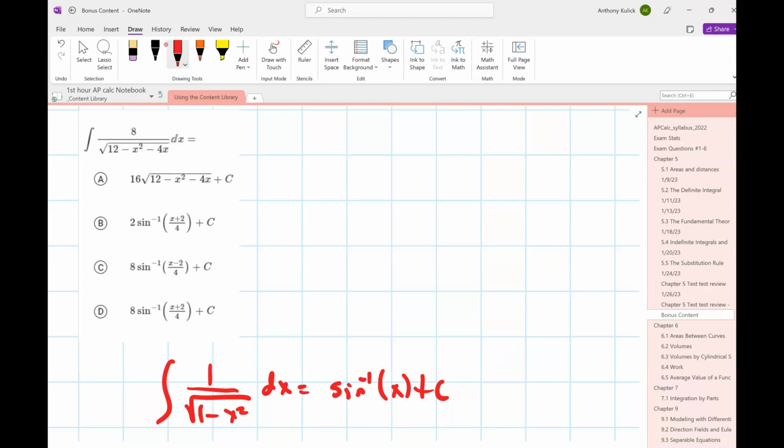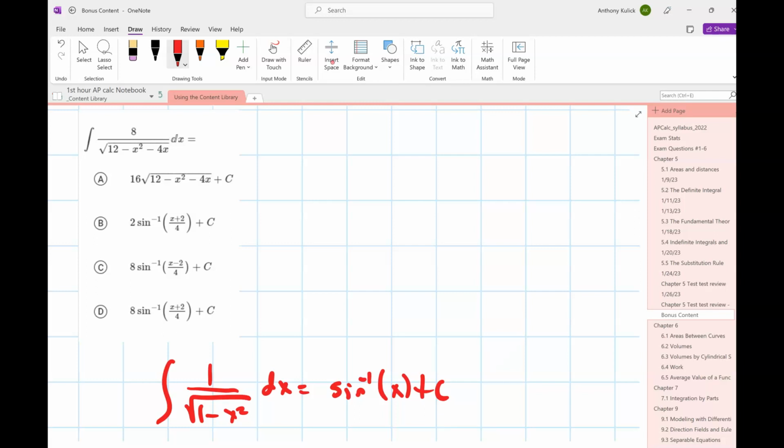So knowing that, let's see, what's the best way to think about this? Okay, so 4 divided by 2 is 2 squared.